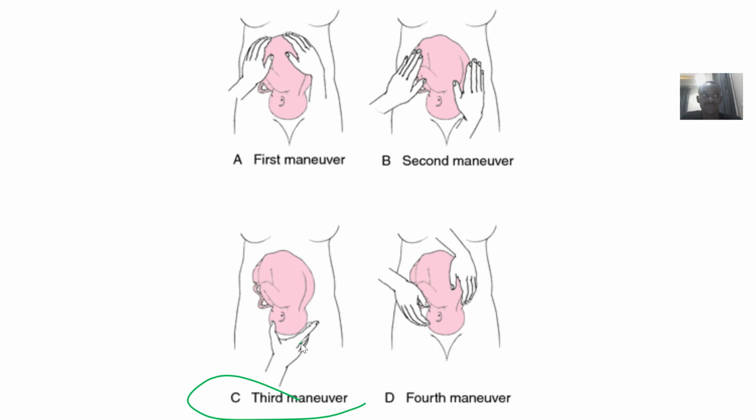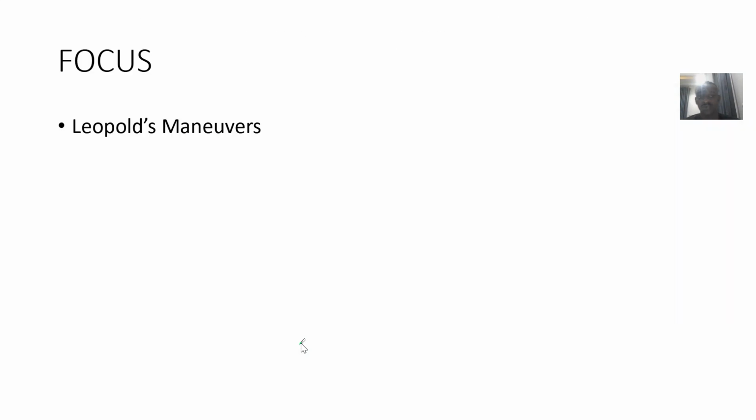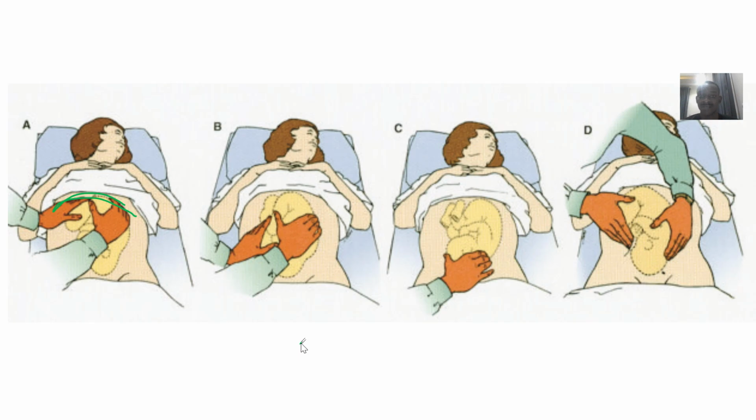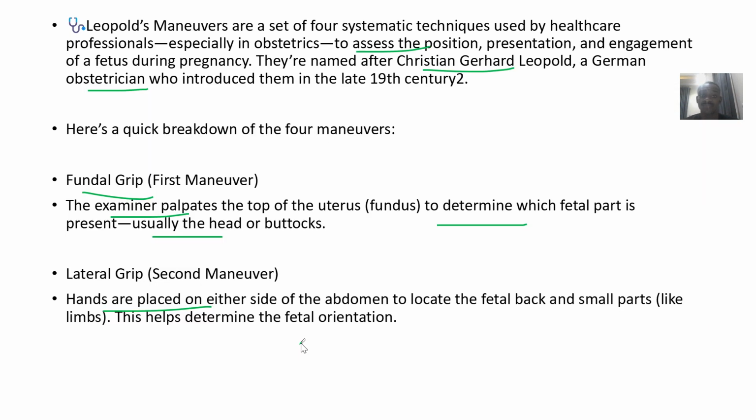In as much as we have machines coming in to ease our practice of medicine, we shouldn't leave the old ways that brought us this far. So this is what the Leopold's maneuvers basically mean in obstetrics, giving birth, labor, and all of that.